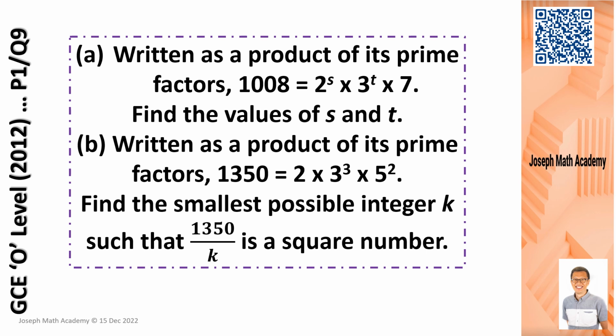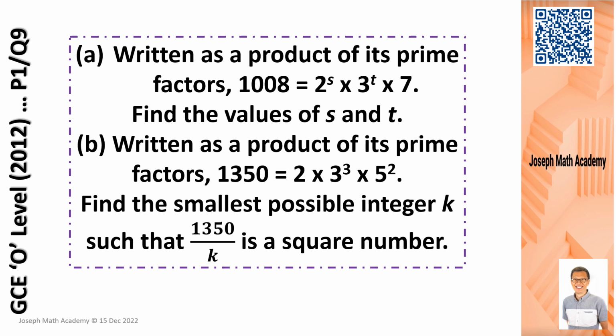I'll give you a couple of seconds to read through the questions. Okay, I'm going to go on to the next slide. The next slide, I will proceed to do the question.